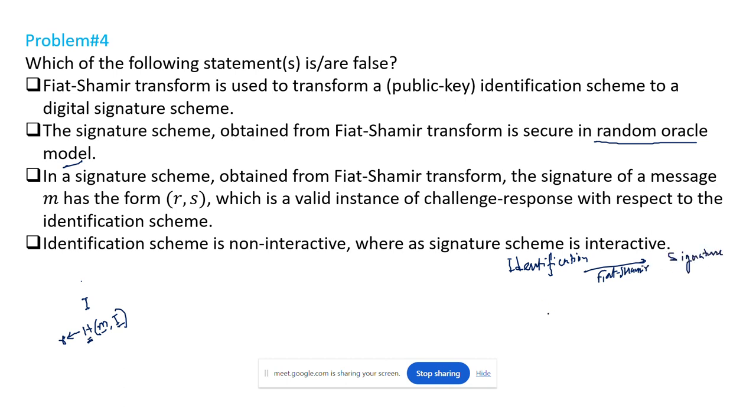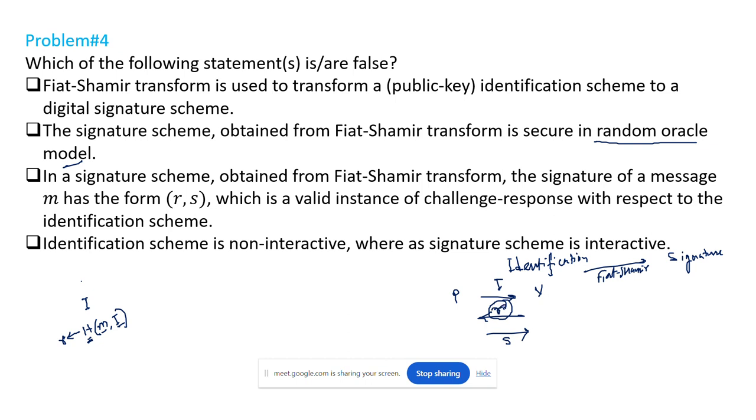Now, in the identification scheme, after sending the commitment, since this is a 3-round protocol, there is a challenge coming from the verifier side and then you give the corresponding response to the verifier. This challenge should be chosen uniformly randomly from the challenge space, right?